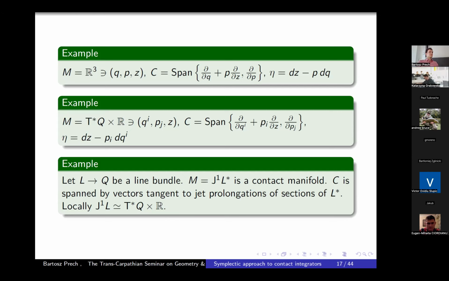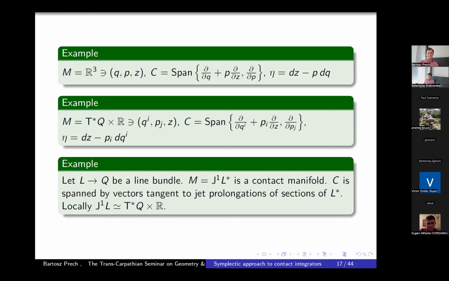You start with L in your application, but in our application it is vice versa. It doesn't matter. The first jet of any line bundle is a contact manifold.